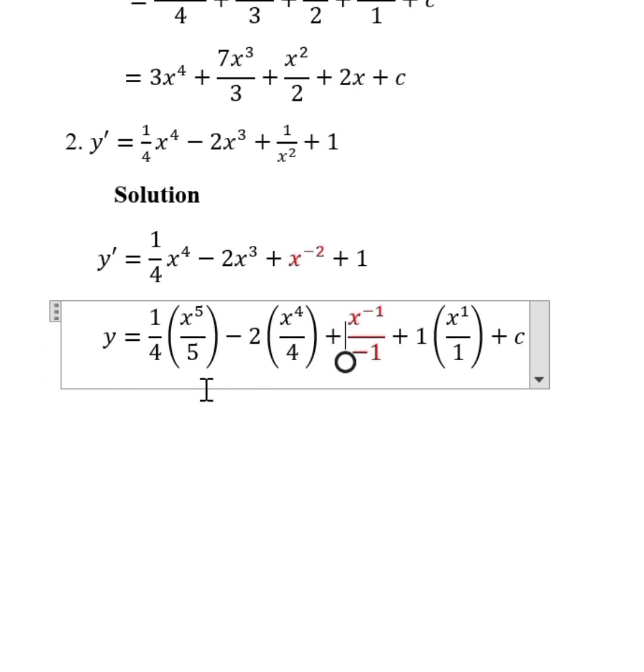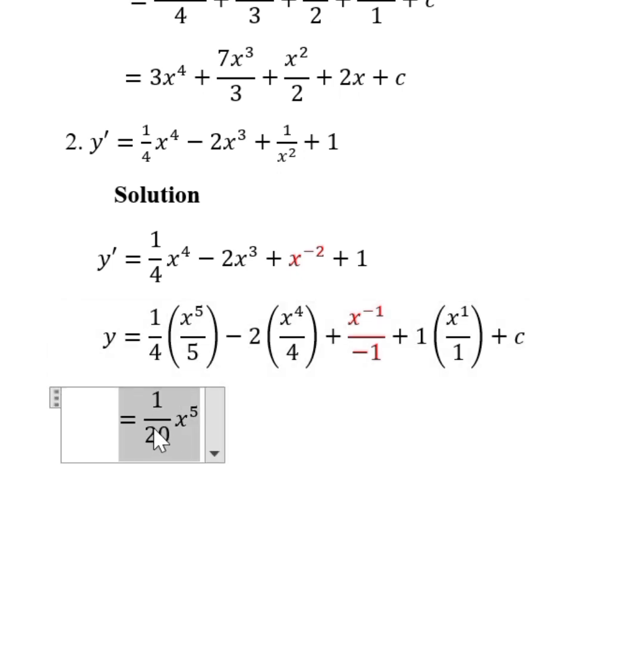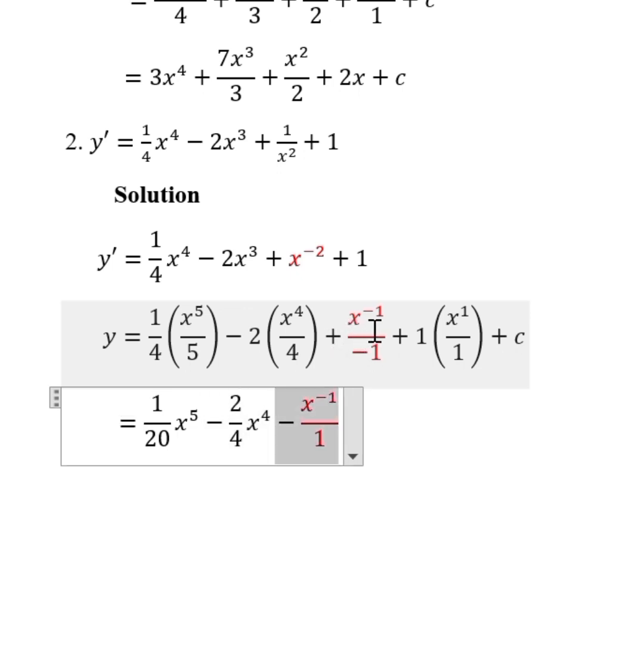Now this one can be simplified further. We have 4 times 5 giving us 20. So we shall say y is equal to 1 over 20 x raised to power 5 minus, this cancels here twice, so we shall have half x raised to power 4. Then this one, this minus times a positive will give us minus, so we shall have minus x raised to power negative 1 over 1. Then 1 over 1, that one cancels, so we can write x raised to power 1 and then plus c.